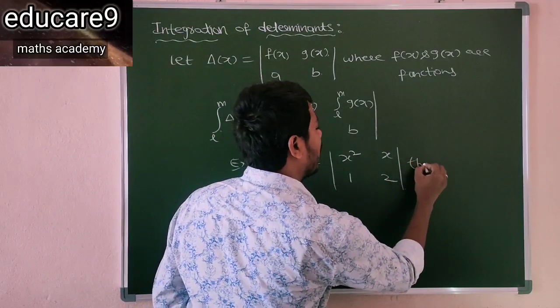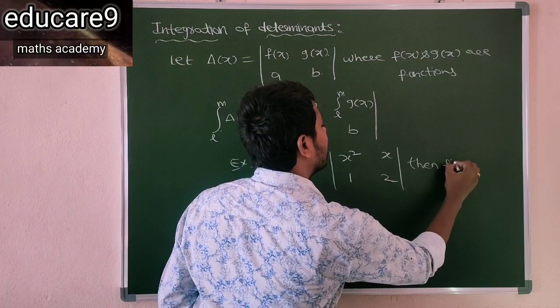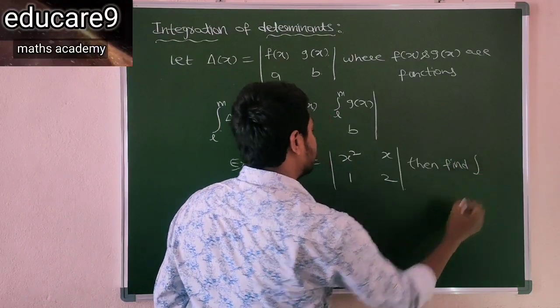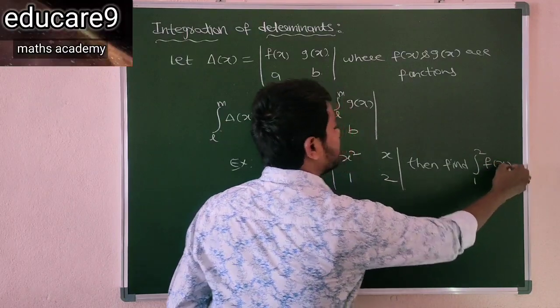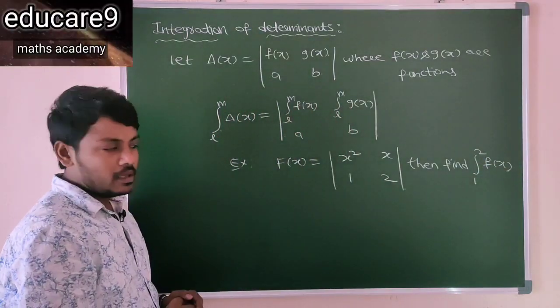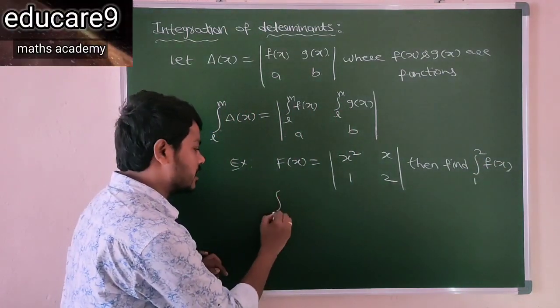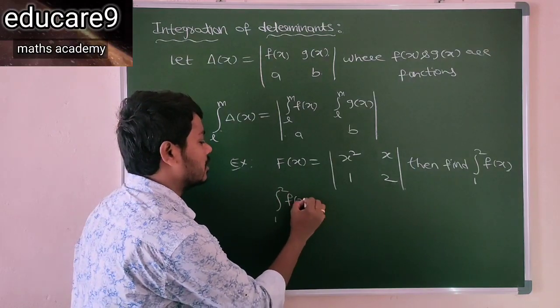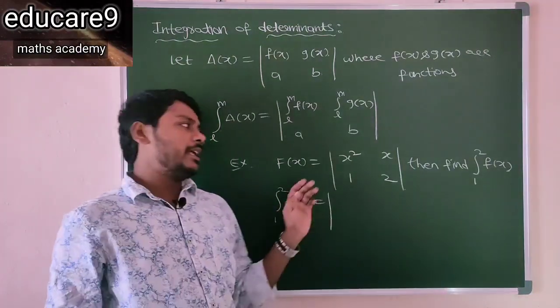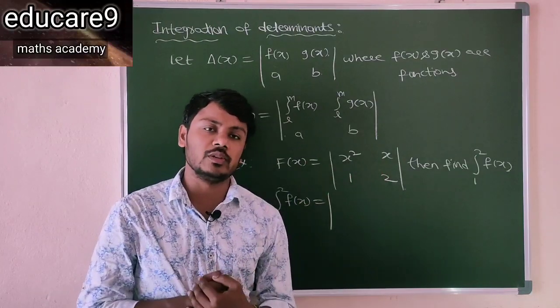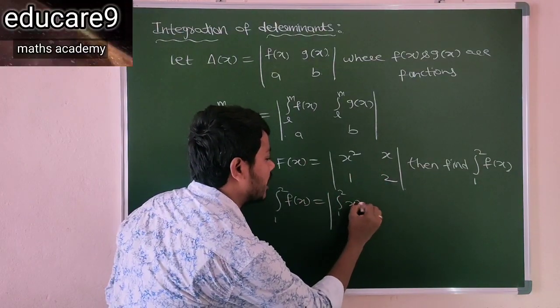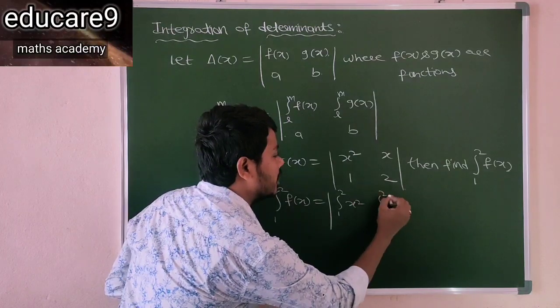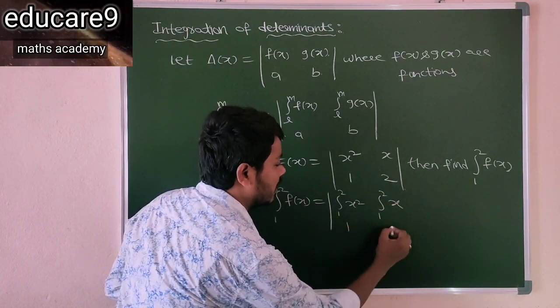Then find the integration from 1 to 2 of f of x. So here this is the integration from 1 to 2 of f of x. So apply your integrations to the functions only. So that is the integration from 1 to 2 of x square and the integration from 1 to 2 of x, and here 1.